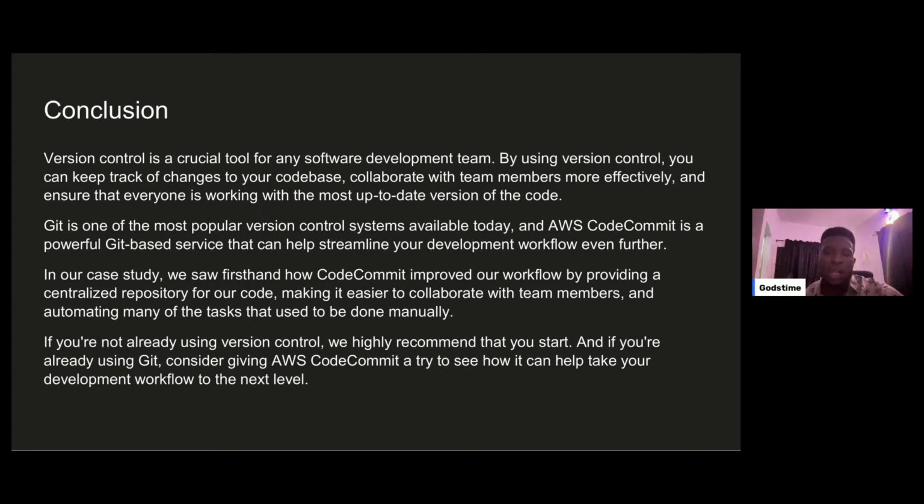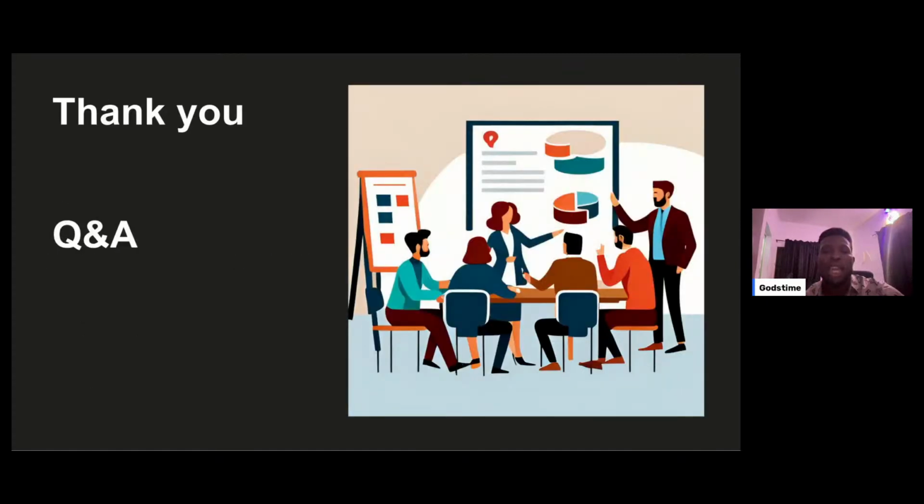We are familiar with those, but I went further to show you how you can also use AWS CodeCommit as a Git-based version control system. So that is the end of our presentation.